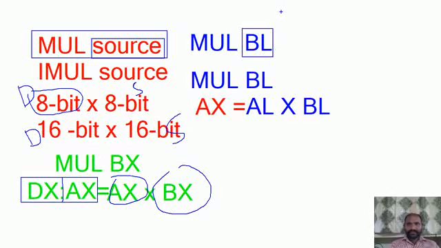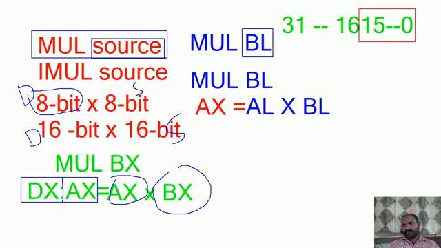Wait, I'll take the green. Let me show you that the 32-bit number is going to vary from 31 to 16 and 15 to 0. Here it is a 32-bit number now.